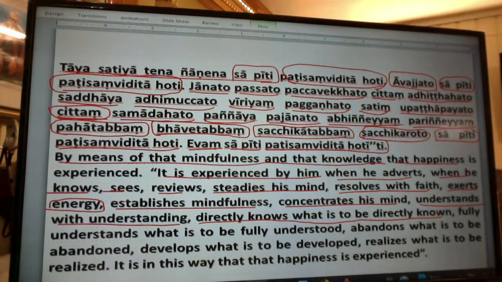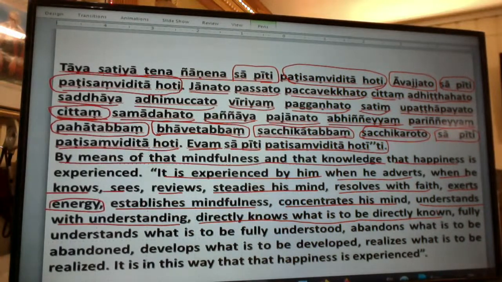Pahatabba: after understanding dukkha satya, we easily remove. Pahatabba, what should be removed? Namarupa? No. If we remove the Namarupa, we have no life, we will die, isn't it? So the Buddha did not recommend that kind of meaning. You should remove only the mental defilement in the Namarupa, body and mind.